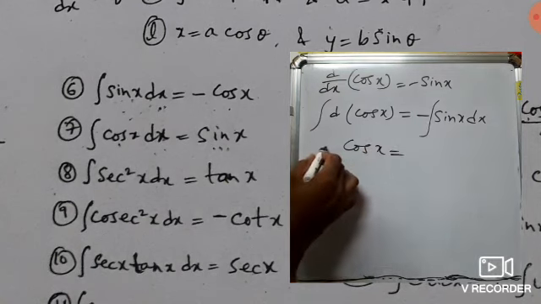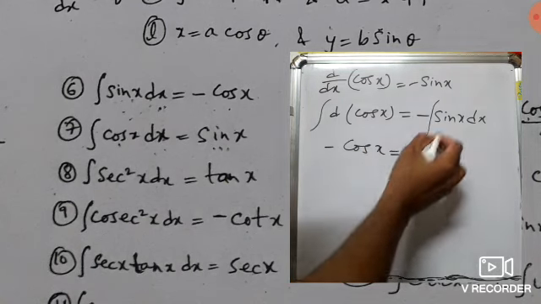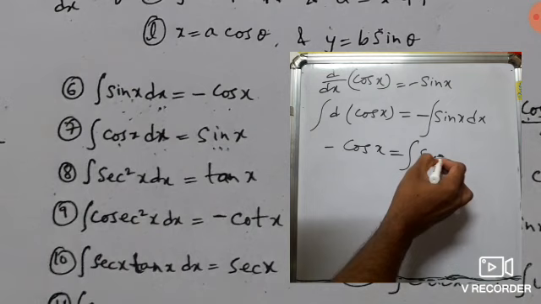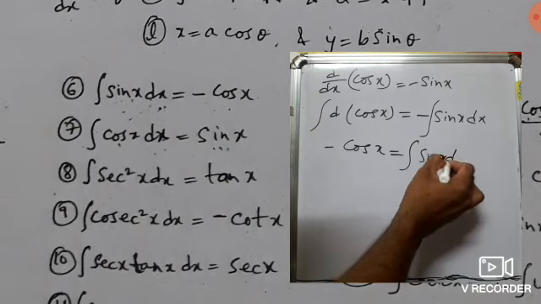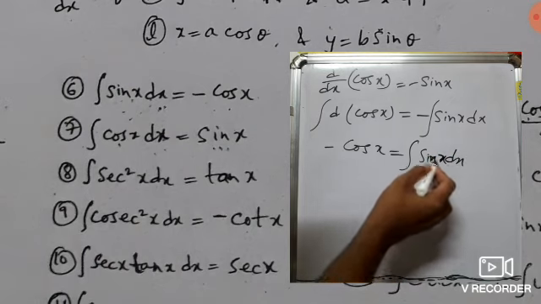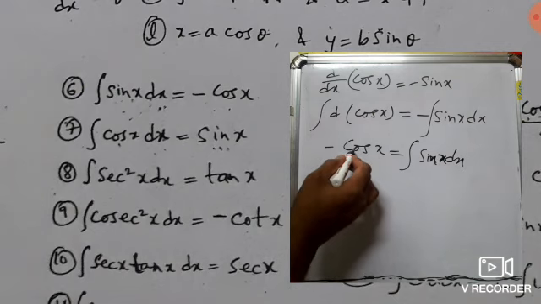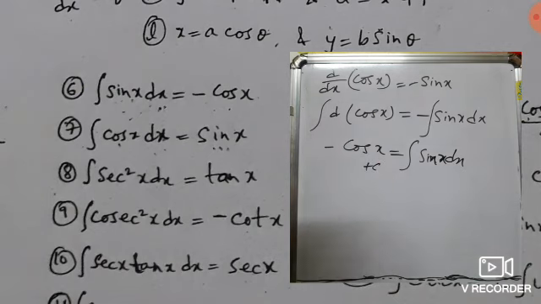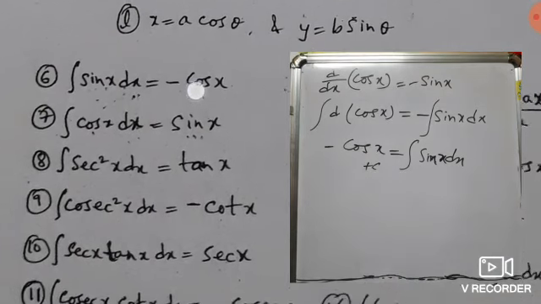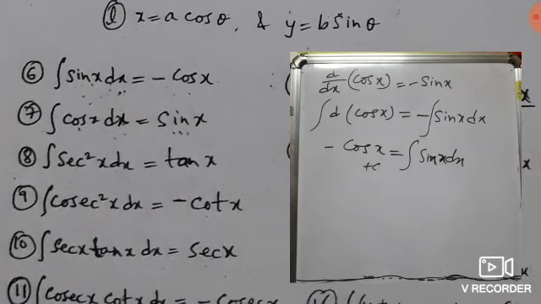Let the minus sign be put here, integration of sin x dx. So the integration of sin x dx gives minus cos x plus c, the integration constant. So we can see the formula comes here, the integration of sin x dx equals minus cos x. So integration and differentiation are just the reverse.